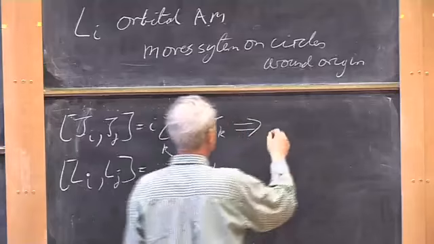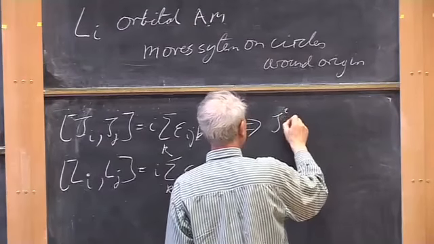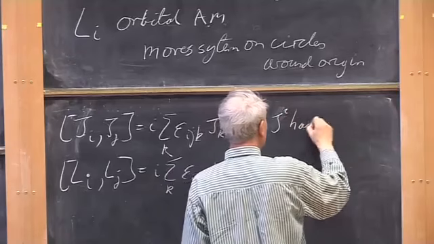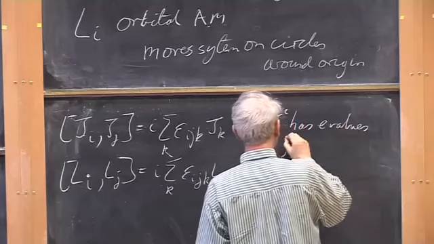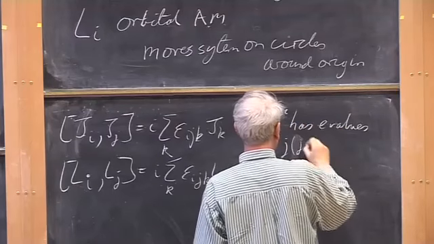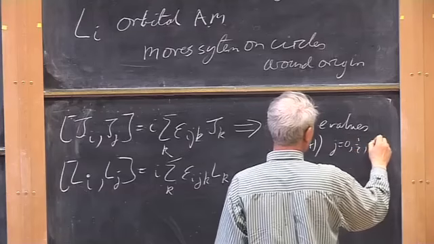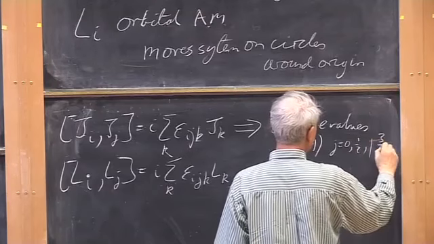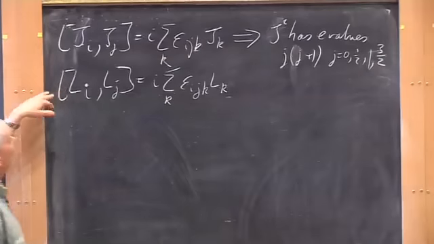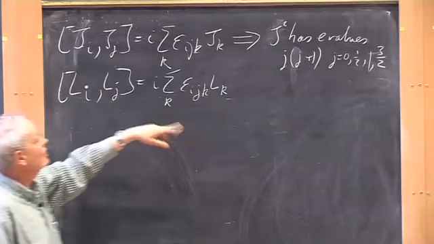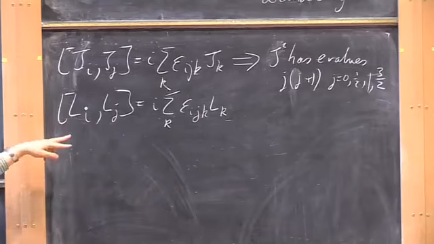Also, this implied that J squared has eigenvalues j(j plus 1), for j is nothing, a half, 1, 3/2, etc. And from these commutation relations, we inferred that those are possible values for the eigenvalues of these operators.